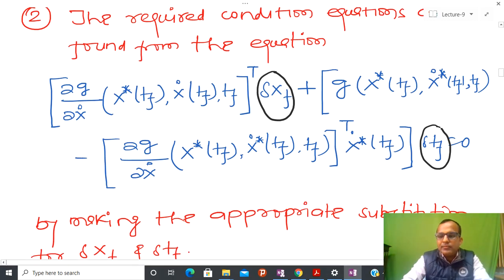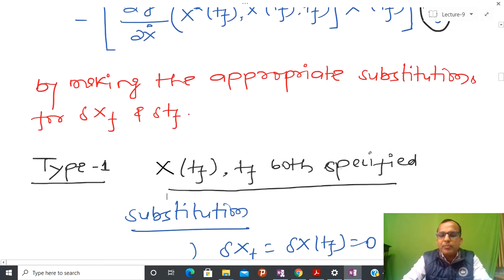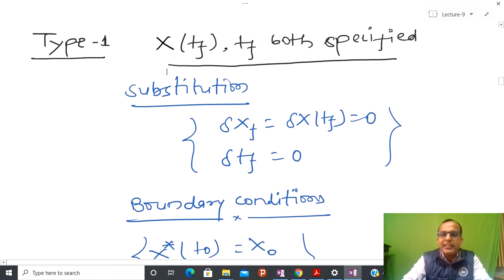Now let us proceed towards the case where in each and every case we assume that the initial time and initial state are known to me, and after that we assume that the final time and final state are given.